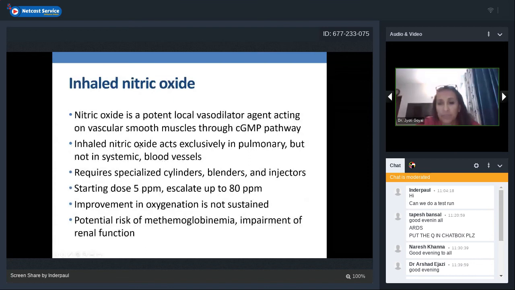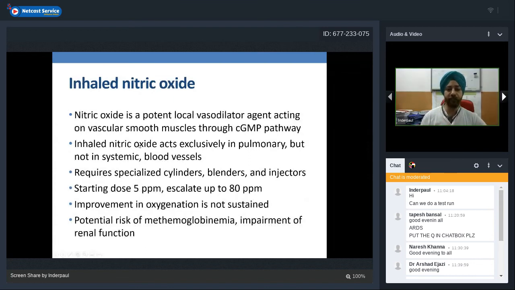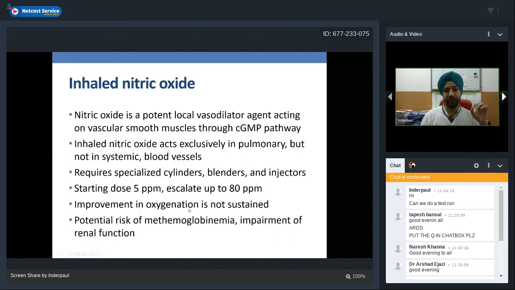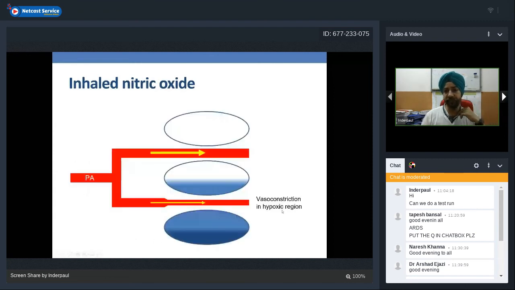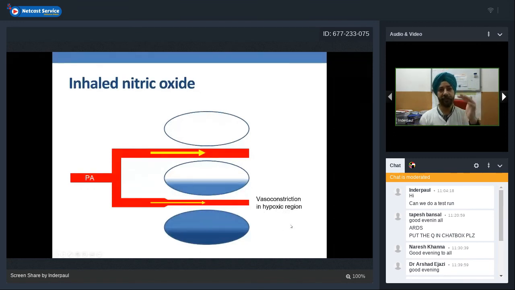Finally, coming to the role of inhaled nitric oxide, it is a potent local vasodilator and it acts on pulmonary and not on systemic vessels, and thus might have some role in patients with severe ARDS. The rationale is that vasoconstriction is caused by hypoxia. I had told you that severe hypoxia will cause selective pulmonary vasoconstriction.